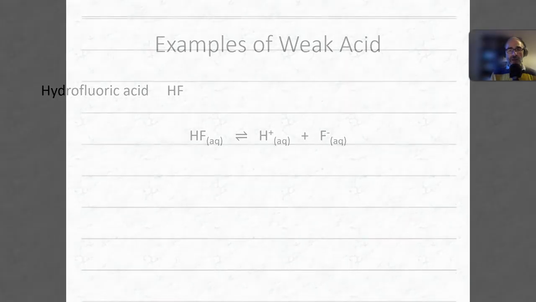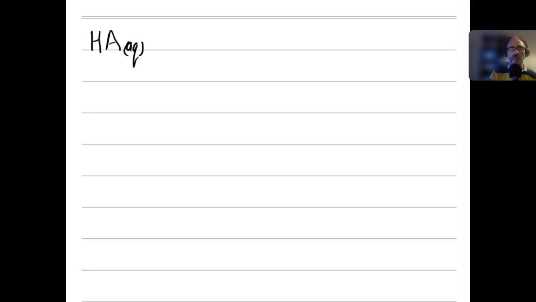So let's think about how we show the expression for Ka, the acid dissociation constant. Let's consider that generic equation for HA, our generic weak acid, to start with. So we start with our aqueous acid, HA, and we have to start with the acid. We can't start with the anions in this case. That's because the products of this ionization are not individual substances that you can isolate on their own.